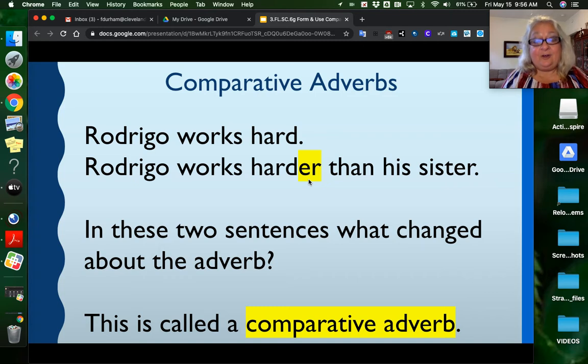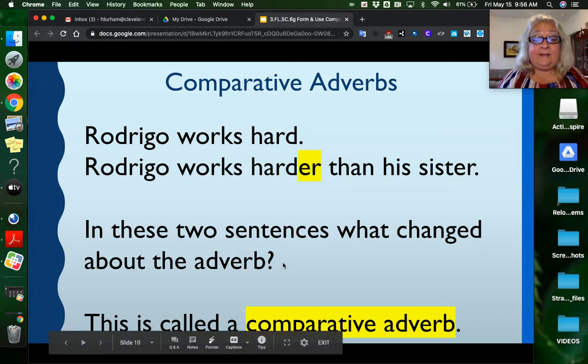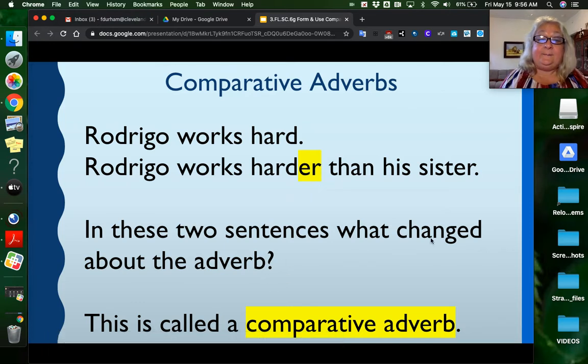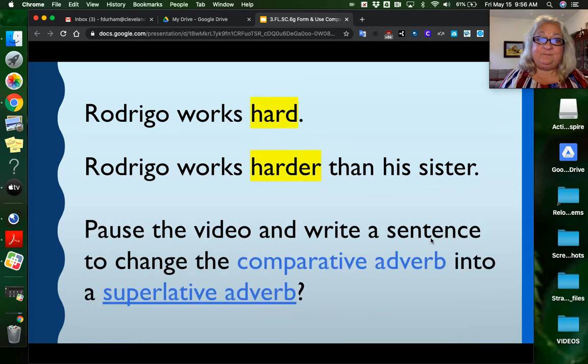Right, I added ER. Just like in our adjectives, we add ER to the adverb to make it a comparative adverb. In these two sentences, what changed? Right, we added ER, and that's why it is called a comparative adverb.